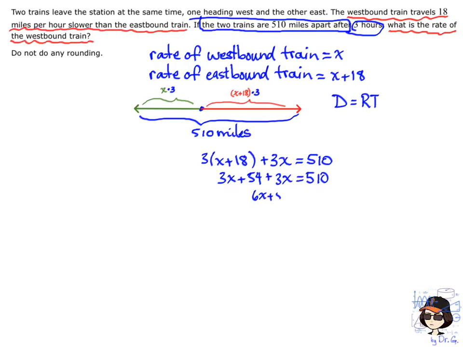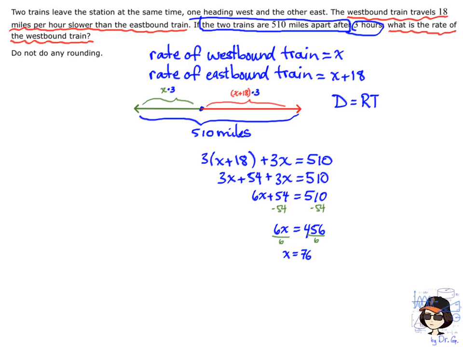Combine like terms. Now subtract 54 from both sides, and I get 6x is 456. And now if I divide by 6, I get x equals 76. Now I'm not quite done.